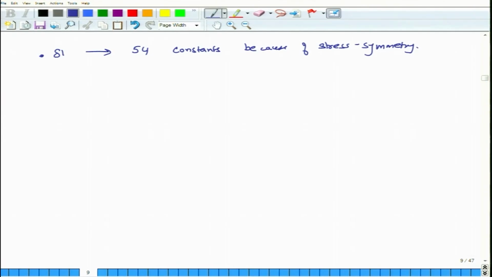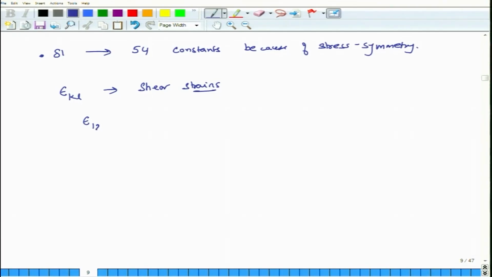Next, look at the strain tensor, epsilon KL. For shear strains, we will see the description of shear strain.